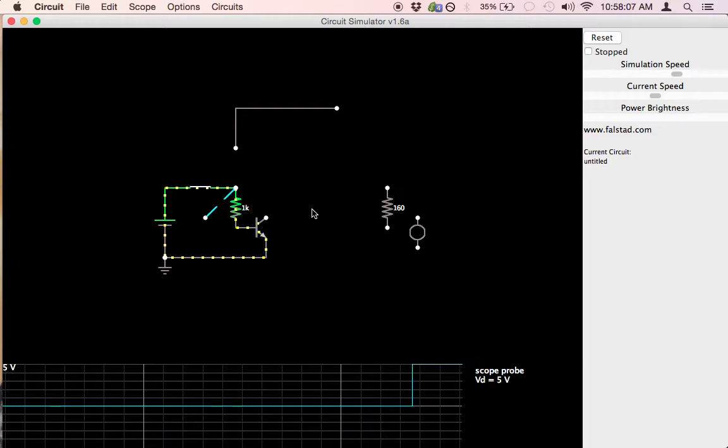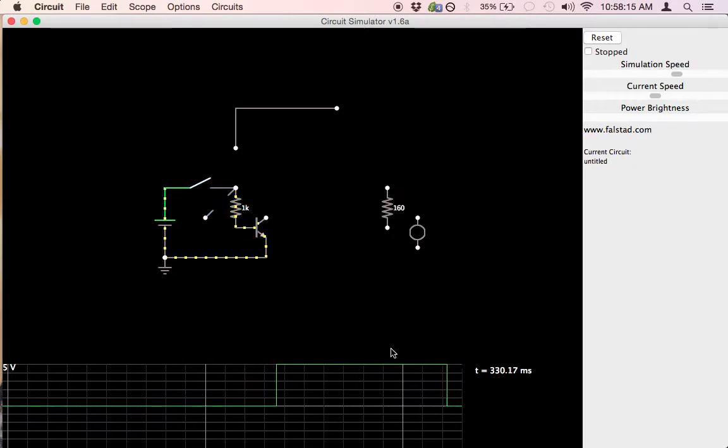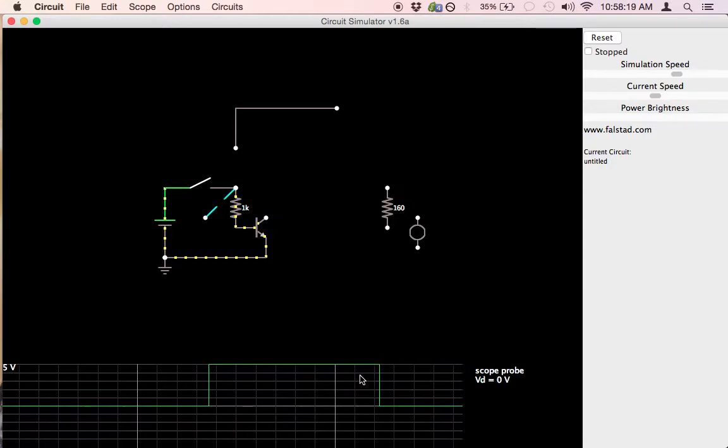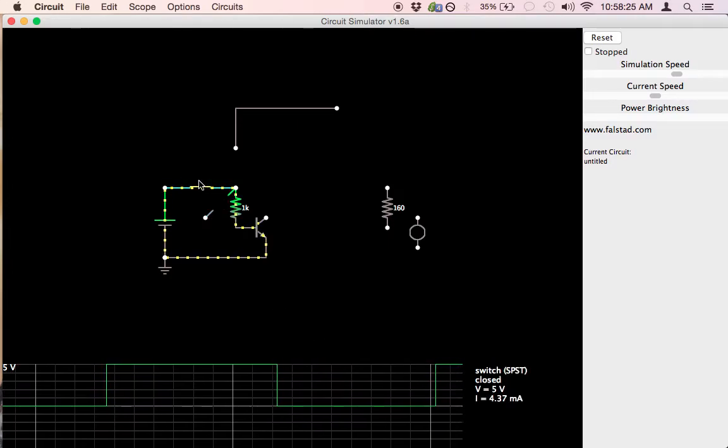Okay. As you can see, with the switch closed, we have a high level signal here. It's a 5-volt signal. When we open the switch, that drops to a low level signal. So this is a logic signal. It can be in two states, either high or low, and that's controlled by the switch. High signal, low signal.